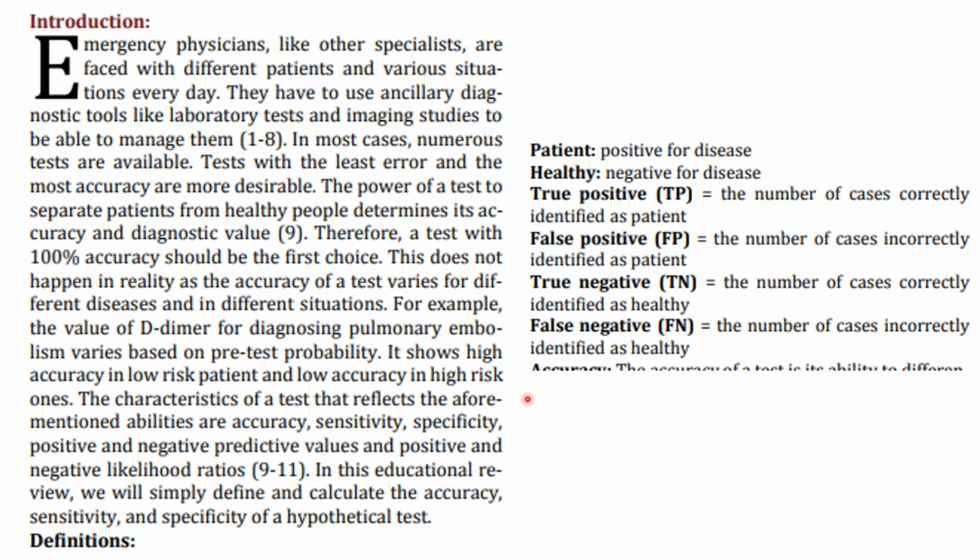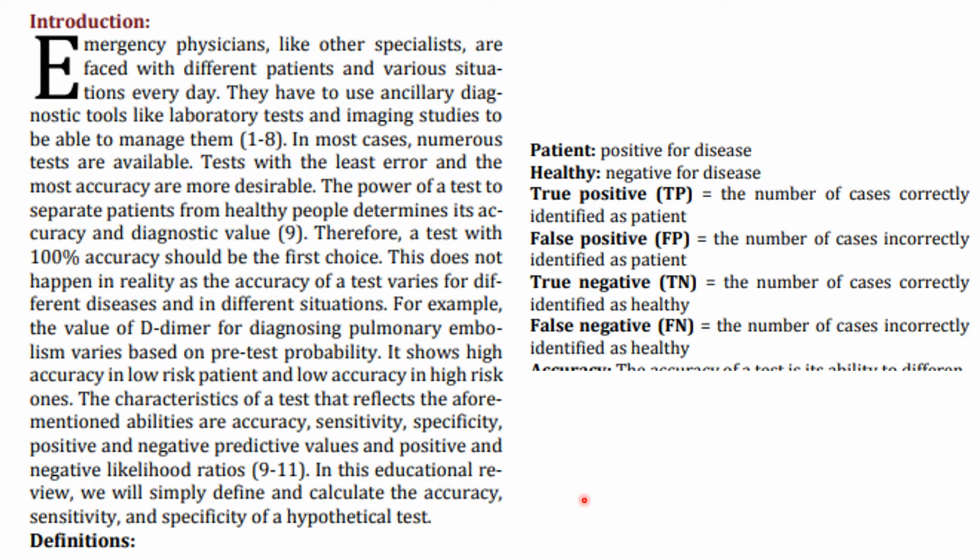The characteristics of a test that reflect the aforementioned abilities are accuracy, sensitivity, and specificity. These are positive and negative predictive values and positive and negative likelihood ratios. In this educational review, we will define these and calculate the accuracy, sensitivity, and specificity of some example hypothetical tests.